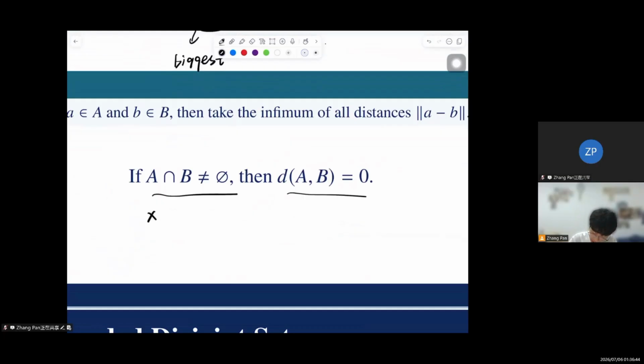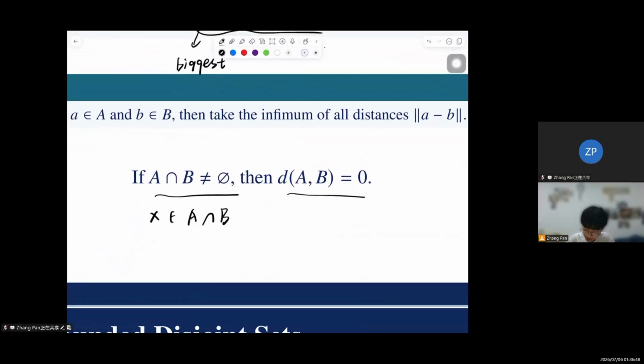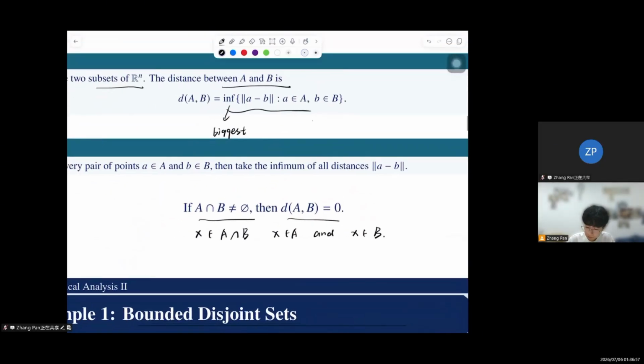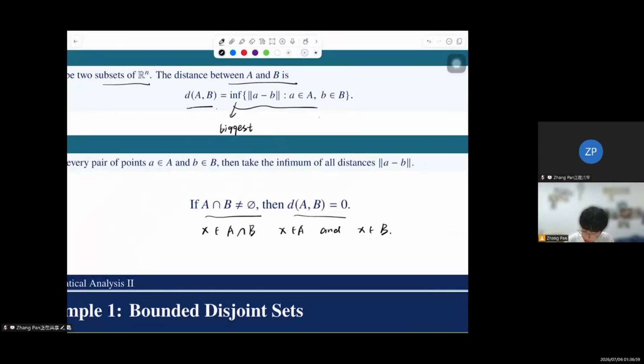We can let x be a point in this intersection, so x belongs to A and x belongs to B. By the definition of the distance, it's an infimum over pairs of points, so we can let a equal x and b equal x. So the distance between A and B is 0.